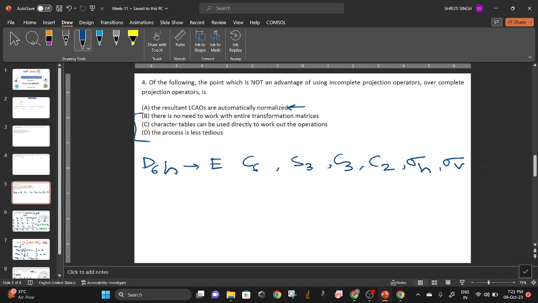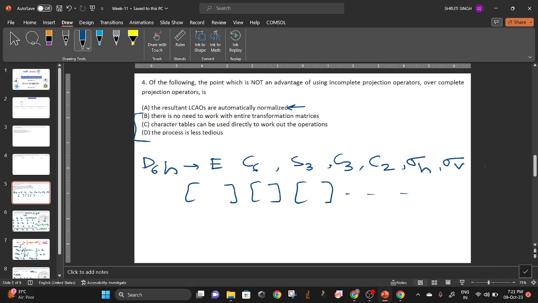And if we are using the projection operator, we have to work out the matrix of all these. We have to find out the transformation matrix of all these if we want to use the complete projection operator.